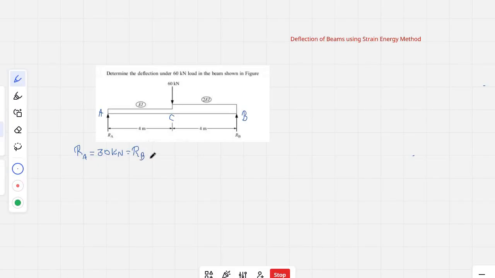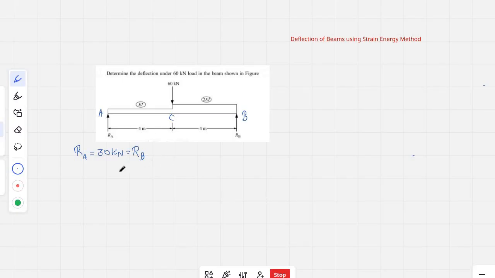If you apply the summation of vertical forces equal to 0, you will get RA plus RB will be 60 kilonewton, and summation of moment at B is 0. Then RA multiplied by the lever arm distance is equal to 60 multiplied by the 4 meter as the lever arm distance. So you will be getting RA equal to 30 kilonewton as well as RB equal to 30 kilonewton.